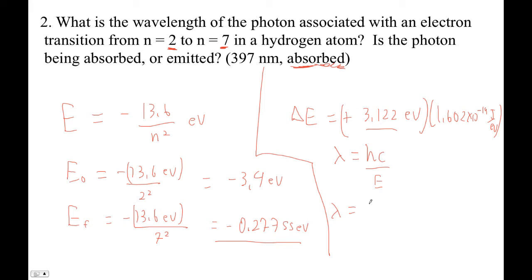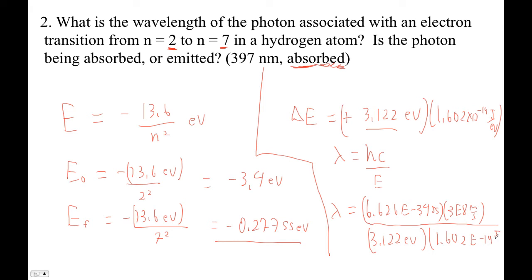So the wavelength is 6.626 E minus 34 times 3 E 8, divided by that answer that I just got, 3.122 electron volts, divided by 1.602 E minus 19.